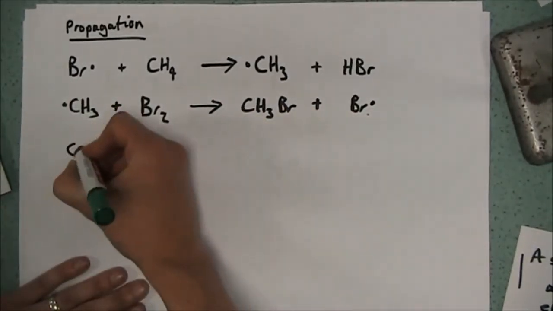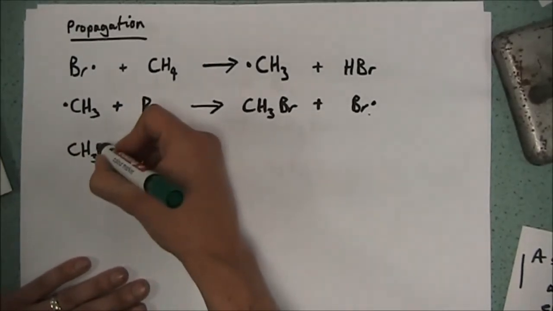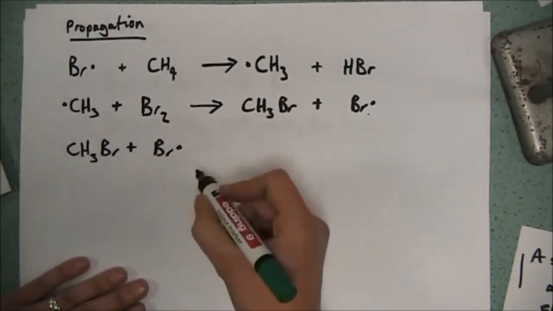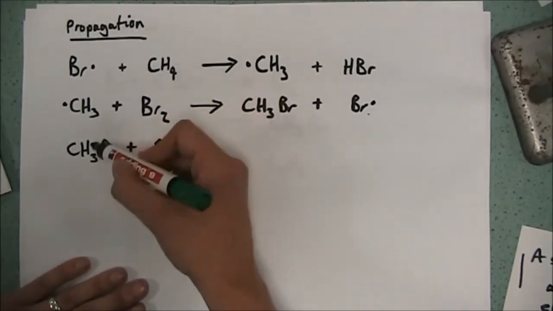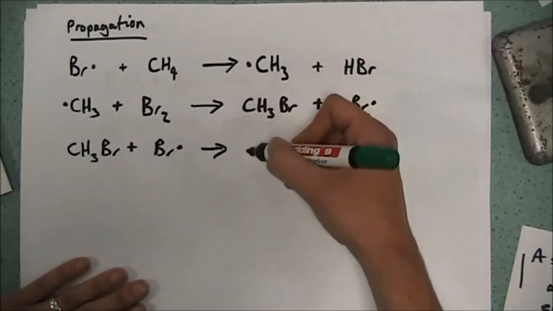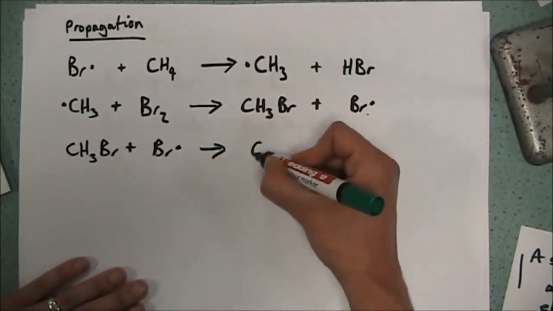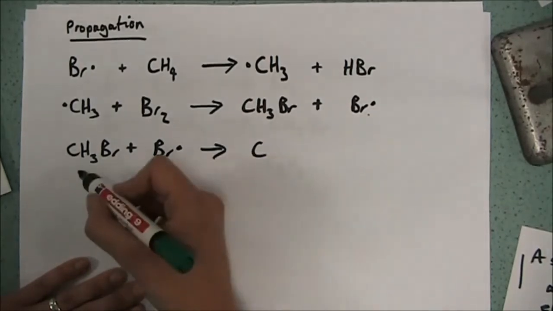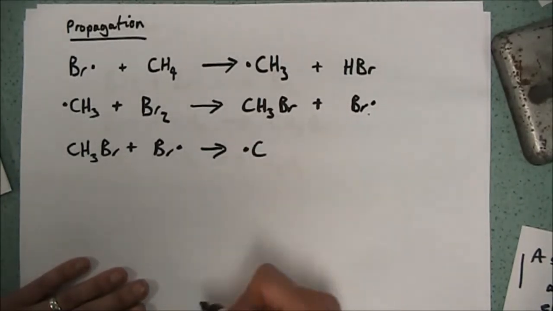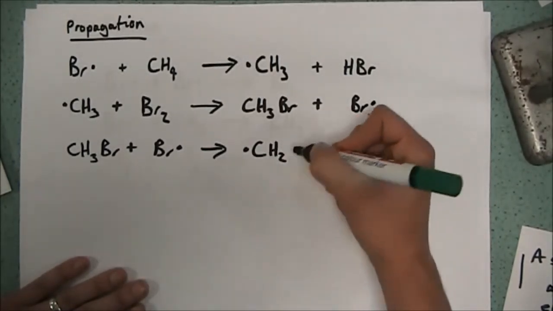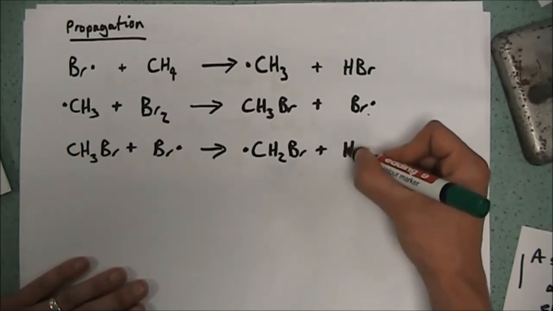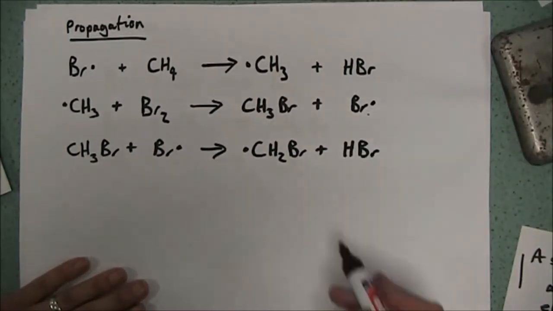If the product happens to be the next molecule, we end up with the bromine radical reacting, instead of with the methane, with the product, and that will produce a second type of organic radical, which is now going to have a different hydrogen ripped off it. So we're going to have a radical with an unpaired electron on the carbon atom. We're going to have now two hydrogens on there. We're going to still have the bromine that we had before, but the other hydrogen has been ripped off, and we're going to end up with HBr.